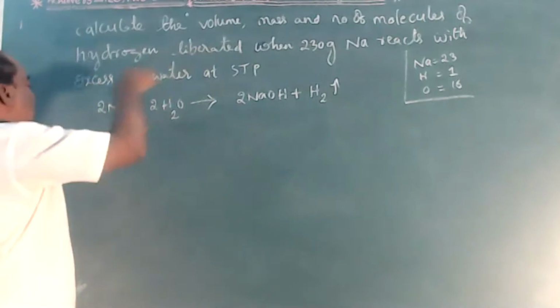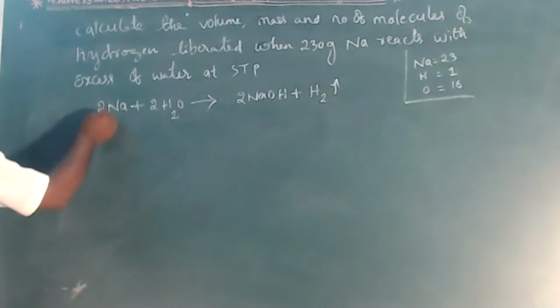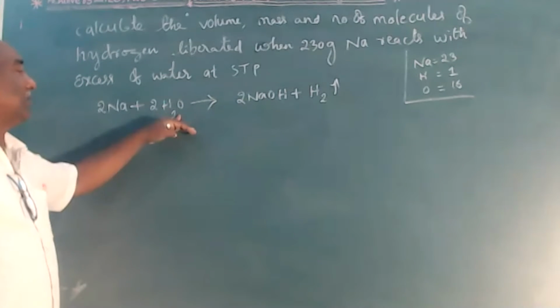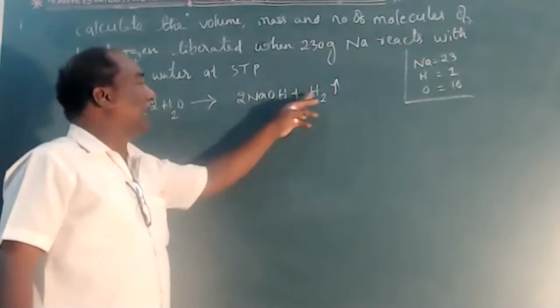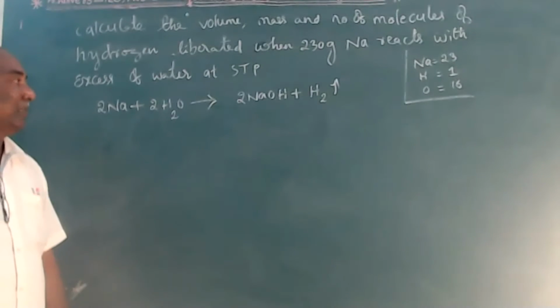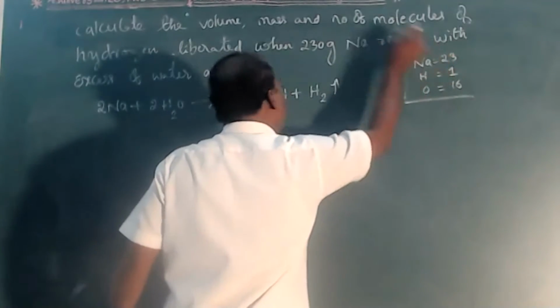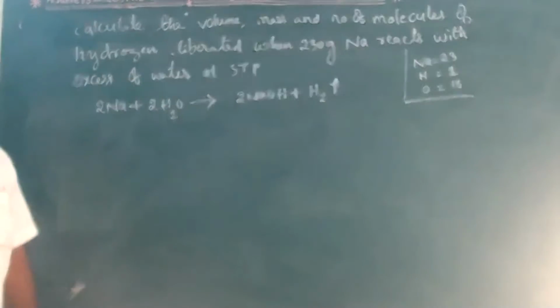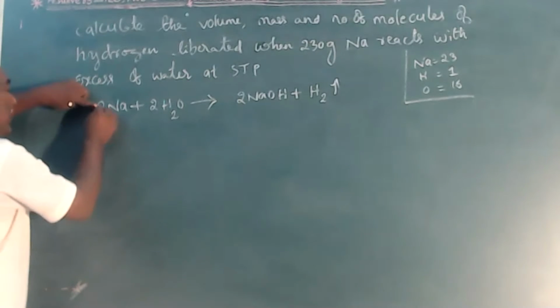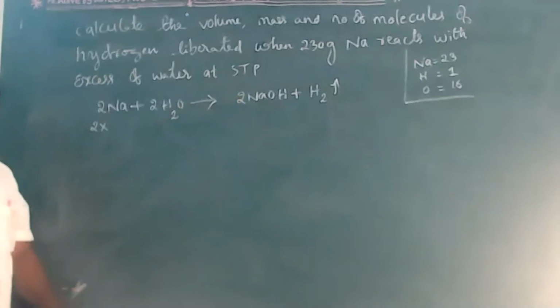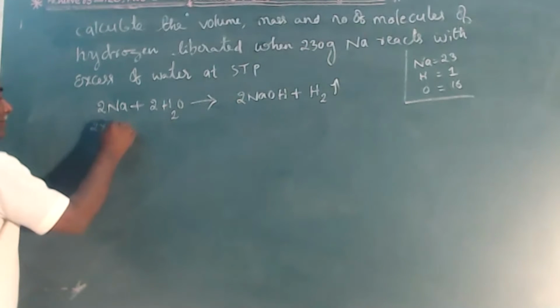Here, sodium plus excess of water liberates sodium hydroxide and hydrogen gas. The values given for atomic weight are entered into the equation. So here 2 will be there. 2 into sodium, how much? 23.